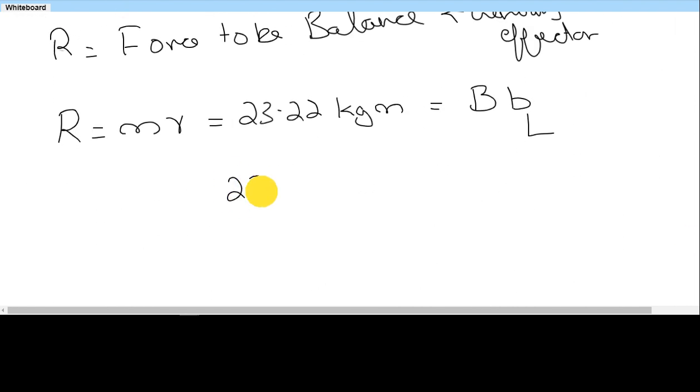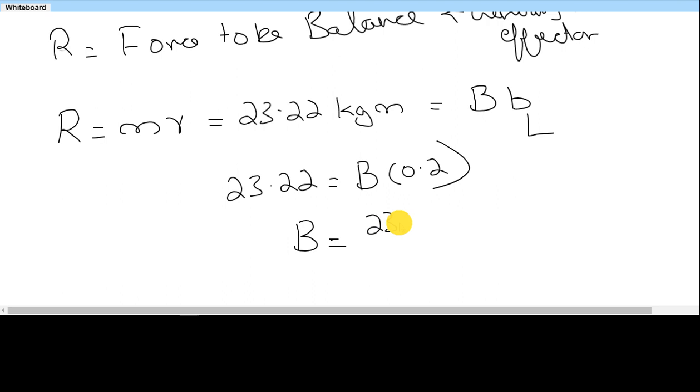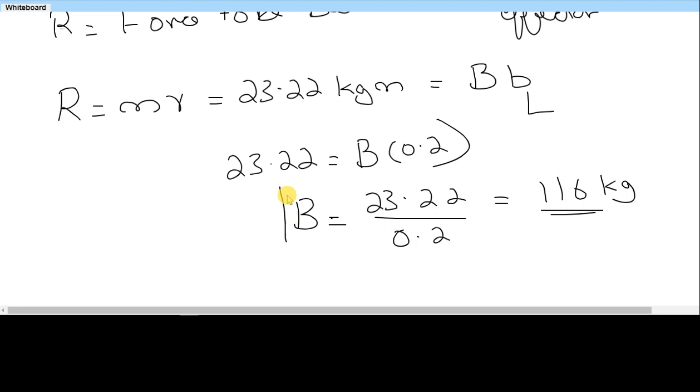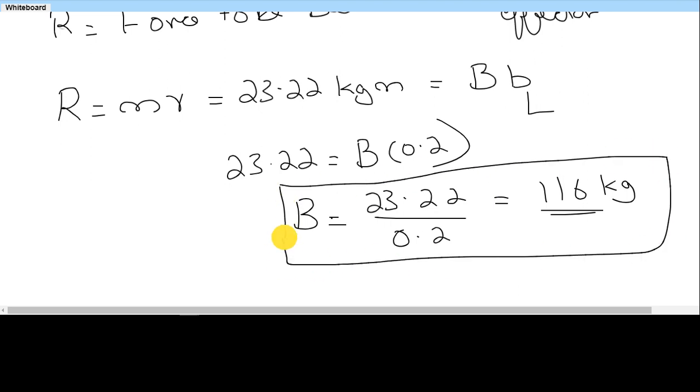So we can just equate it and find out. 23.22 will be equal to balancing mass into 0.2, and from that balancing mass B will be equal to 23.22 divided by 0.2, that will come around 116 kilogram. So this is your answer, magnitude of balancing mass.